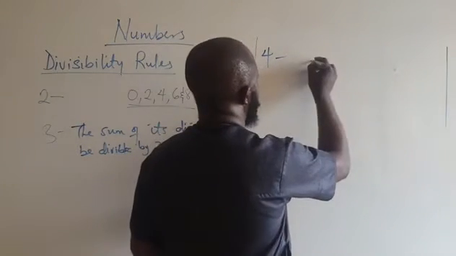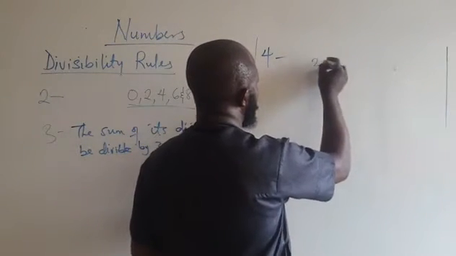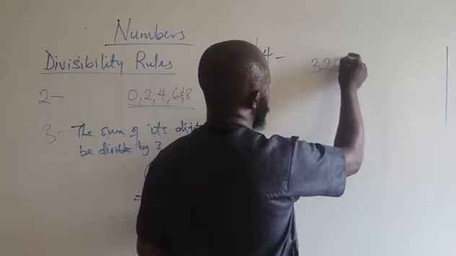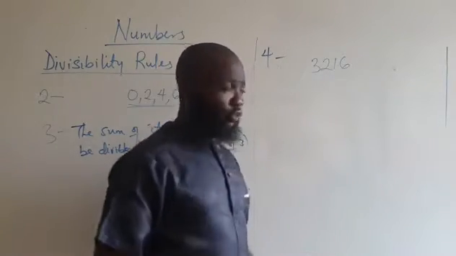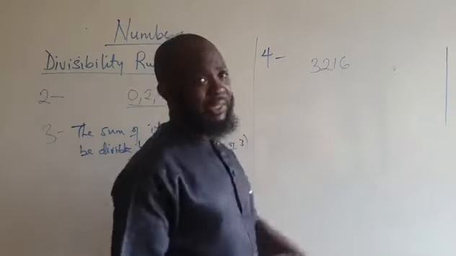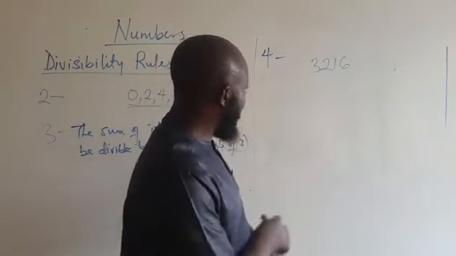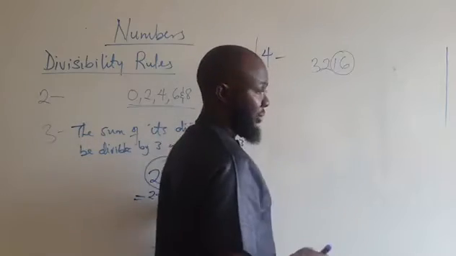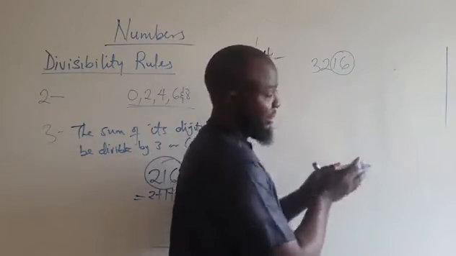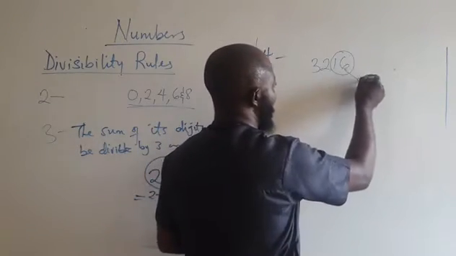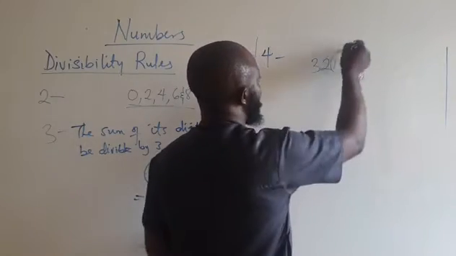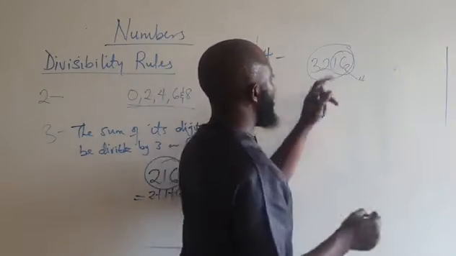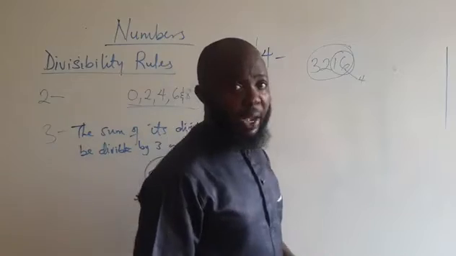Let's take a look at this. We have, let's say, 3,216. We want to decide if 4 can divide it. So what are the last two digits here? That is 16. And 4 can divide this. That means 3,216 is divisible by 4.